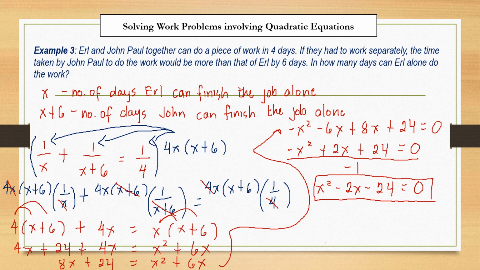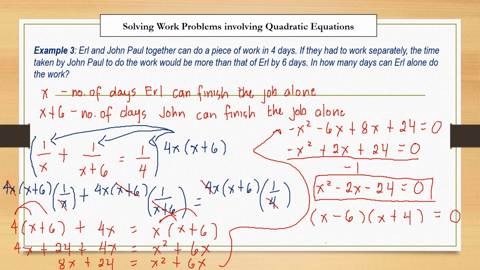Okay, let's use factoring. What are the factors of -24 that will give us -2 when added or subtracted? That would be -6 and +4. -6 times +4 is -24. -6 plus +4 is -2.